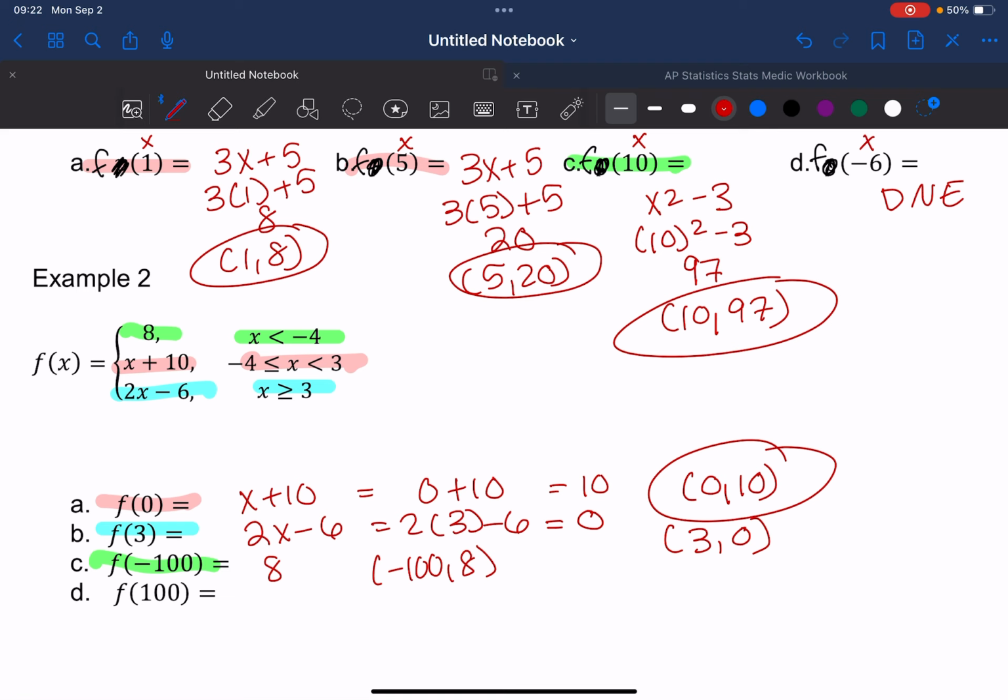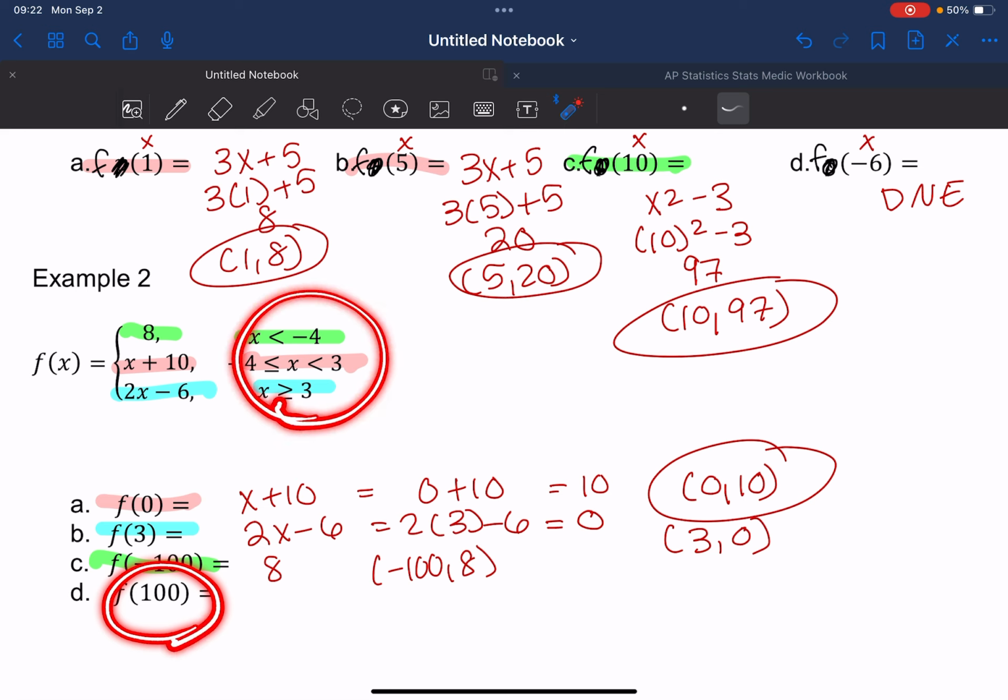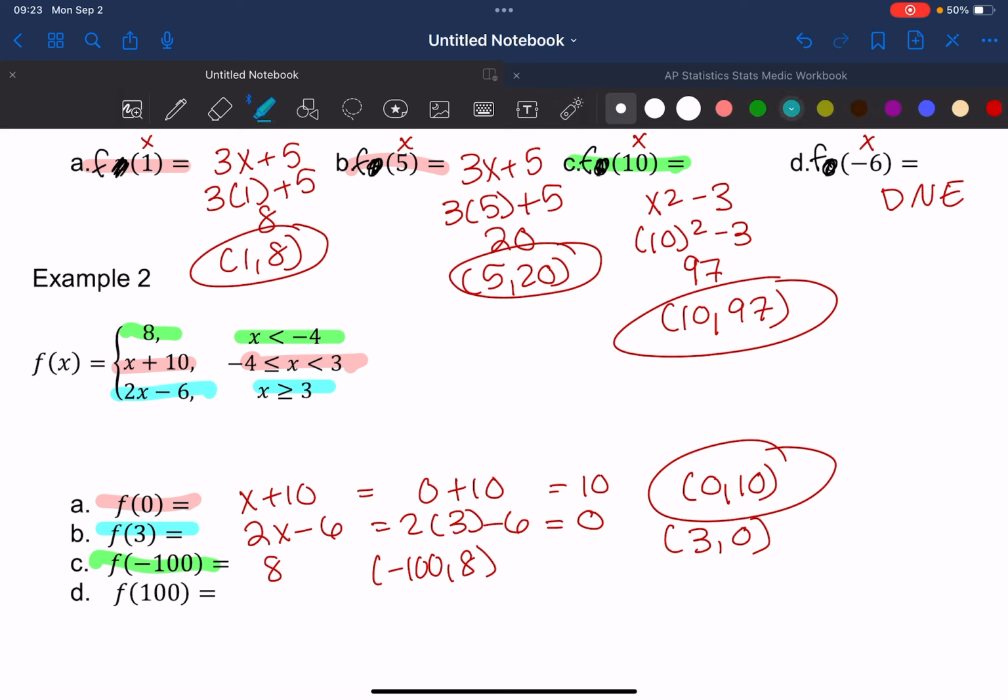Lastly, we have f of 100, so we need to find where this 100 fits on this domain. Well, 100 is not less than negative 4, so it's not that one. 100 is not between negative 4 and 3, so it's not that one. But 100 is greater than or equal to 3, so it's going to be the blue expression.